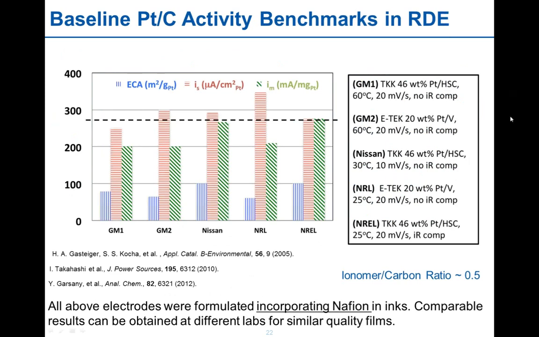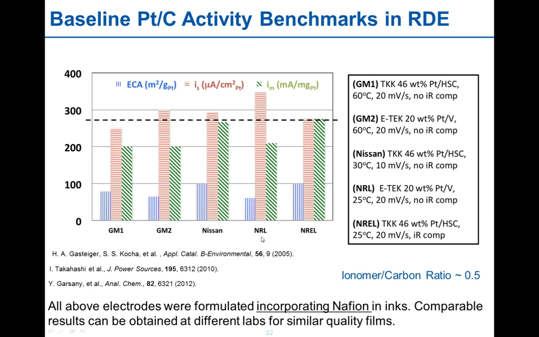So now, if you try to look at a baseline platinum activity, it is possible to get the same numbers in terms of mass and specific activity for different labs. These are not optimized films, and not all the parameters are optimized, but at least we can see that in terms of activities, this is from GM, Nissan, and NREL.